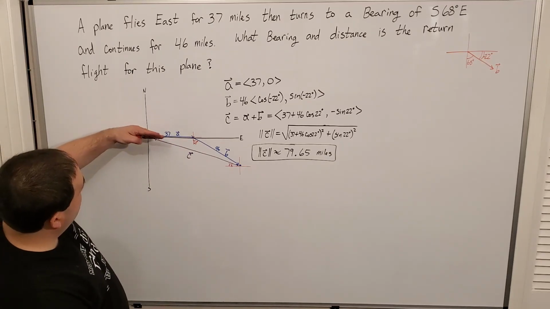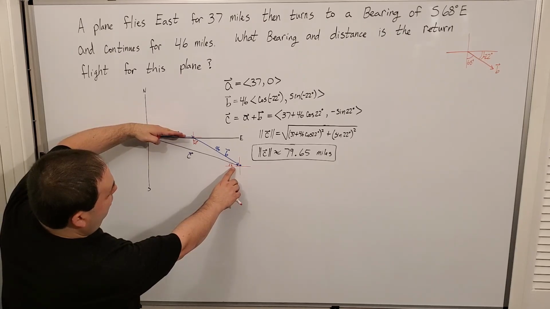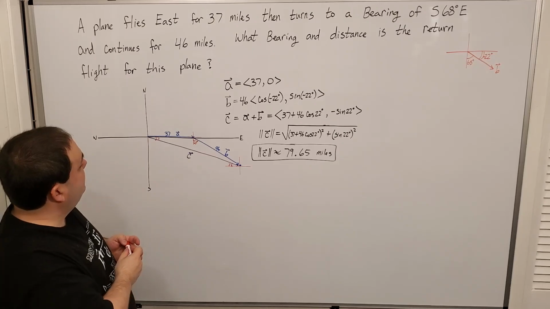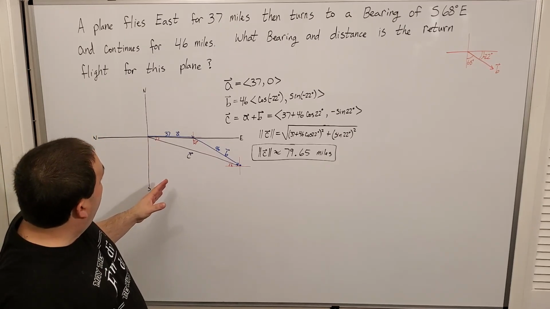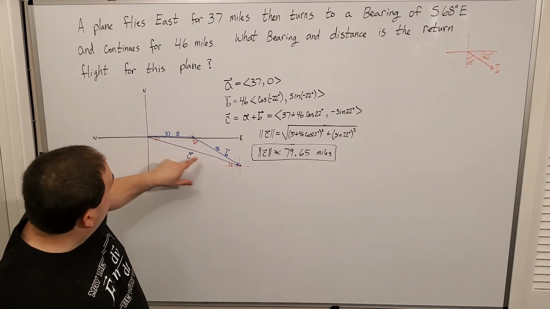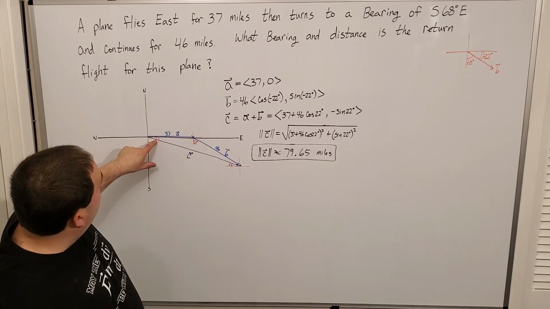Okay? Because this east line and this west line are parallel, the C would be like a transversal. So it really doesn't matter which way you look at it. I can compute this angle right here the same as I can compute this angle here.